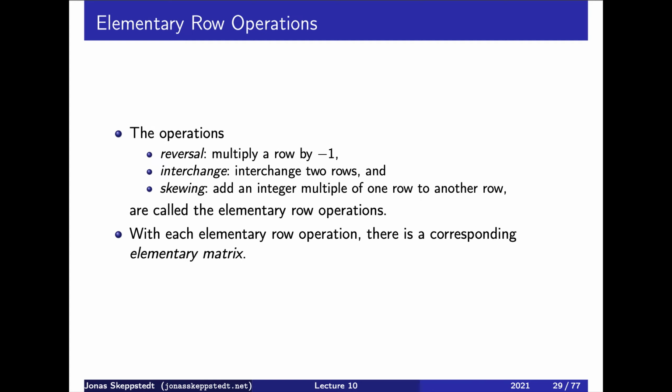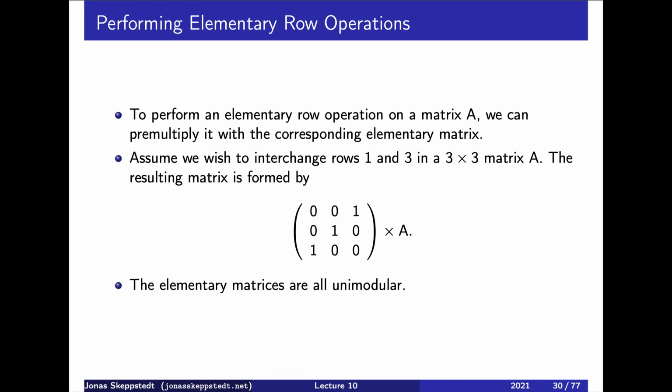Okay, so there are some elementary operations, and what we want to do is to multiply a row by -1, interchange two rows, and add an integer multiple of one row to another. Okay, so I will go through this quite quickly, and we simply pre-multiply some existing matrix with such an elementary matrix.